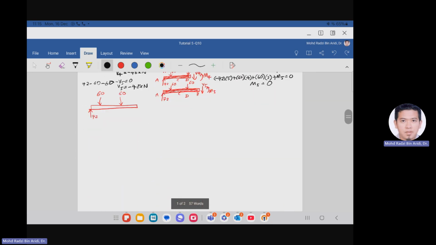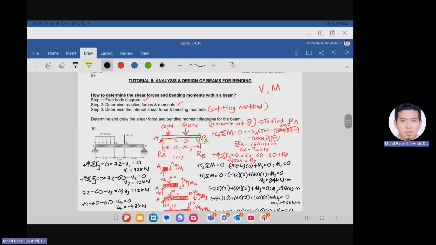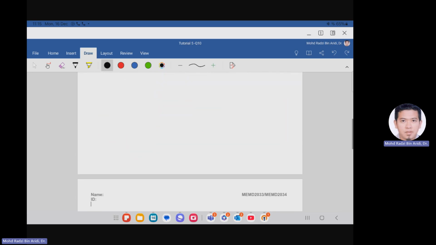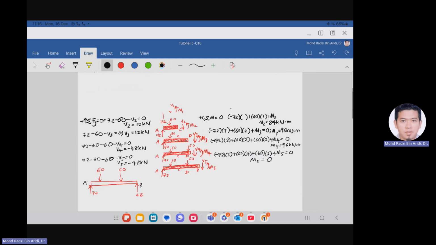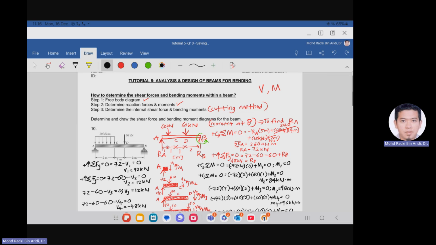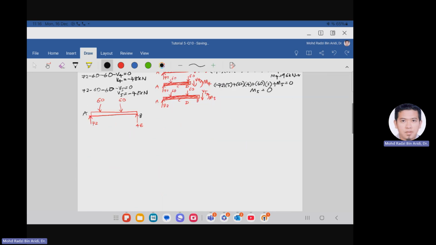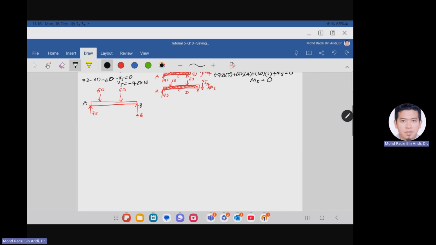So finally, we are going to draw down here. So this is our V in kilonewton. And then we have points C and D here. So C will be here.